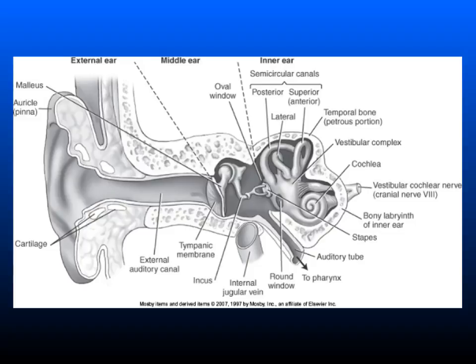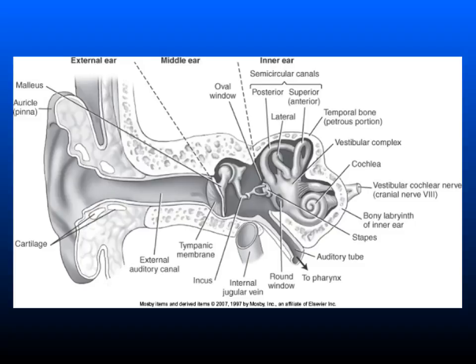And each of those sections have a certain function, right? So you've got the external ear that has the auricle and an external auditory canal. What does this part of your ear do, you think? So the sounds go through it, right? It takes the sounds in.